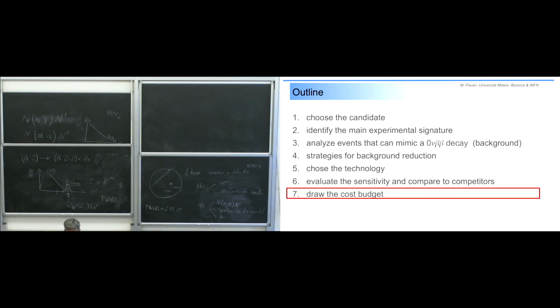With the exception of the case that I will discuss with you, all the other experiments that are facing the construction of a new phase, a more powerful experiment to fully explore the inverted hierarchy region, so achieve 20 millielectron volt on the Majorana mass parameter, the 2 neutrino double beta decay is not an issue.